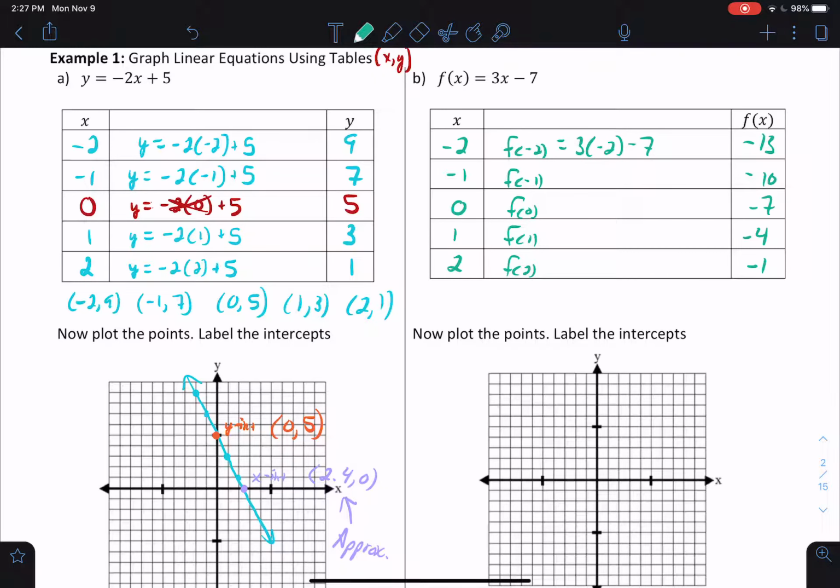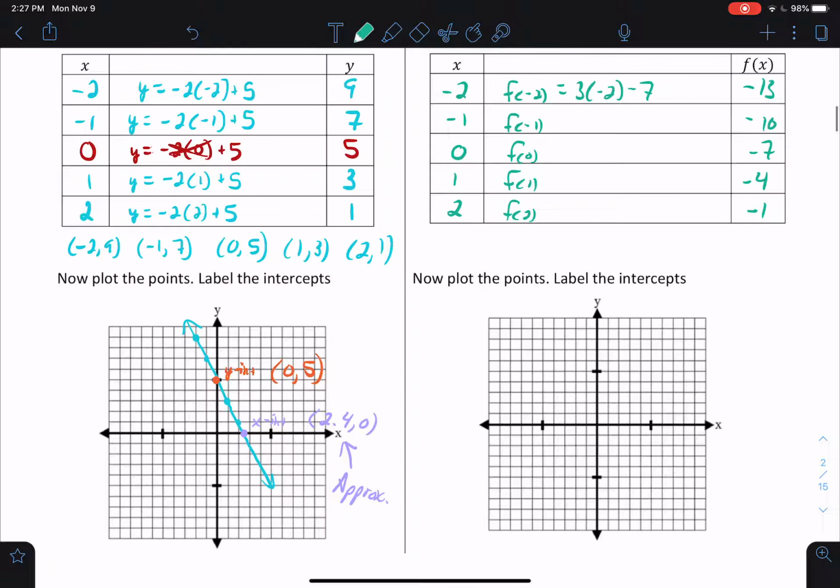If I wanted to plot these points, -2, -13 is off my graph, so I'm not going to worry about that one. -1, -10, I can plot that though, and so on and so forth. I'm going to throw in another one. If I plug in 3, I get out 2. Then connect them using a nice straight line.